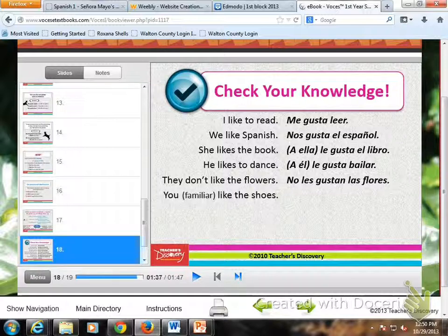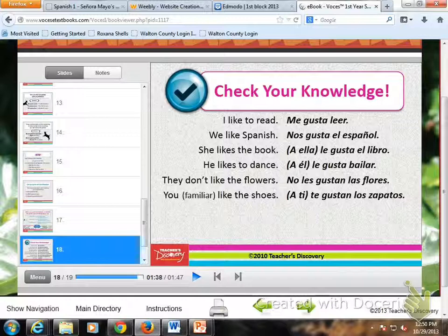You like the shoes, plural shoes. You like more than one thing. This one is the te in the beginning. So you could put a ti, and again, these you sometimes will see in front of it, sometimes you won't, but te gustan is all you need to say, and gustan is plural because zapatos is plural.